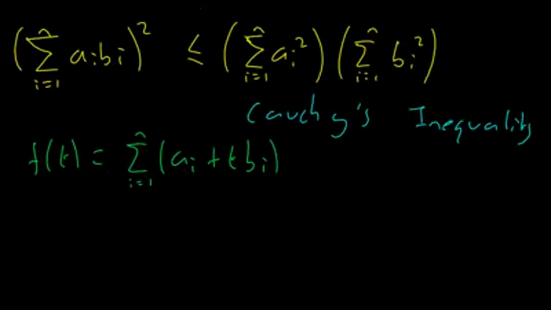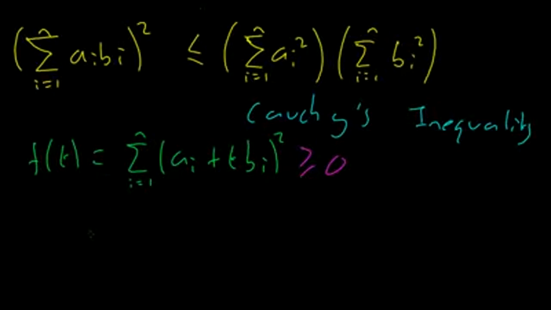Notice that this is (ai plus t bi) squared. So this function we're considering is greater than or equal to 0, right? This is a sum of squares, so it's always greater than or equal to 0, and it's also a polynomial, a quadratic equation in terms of t.